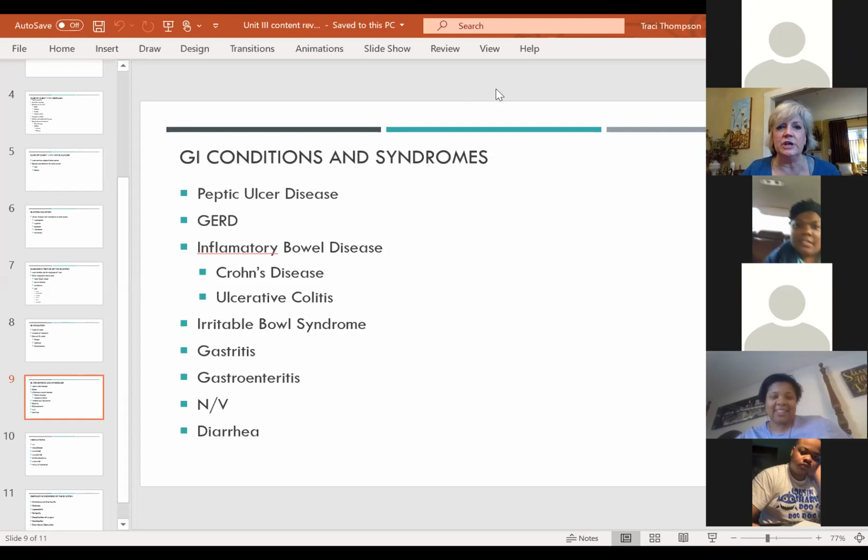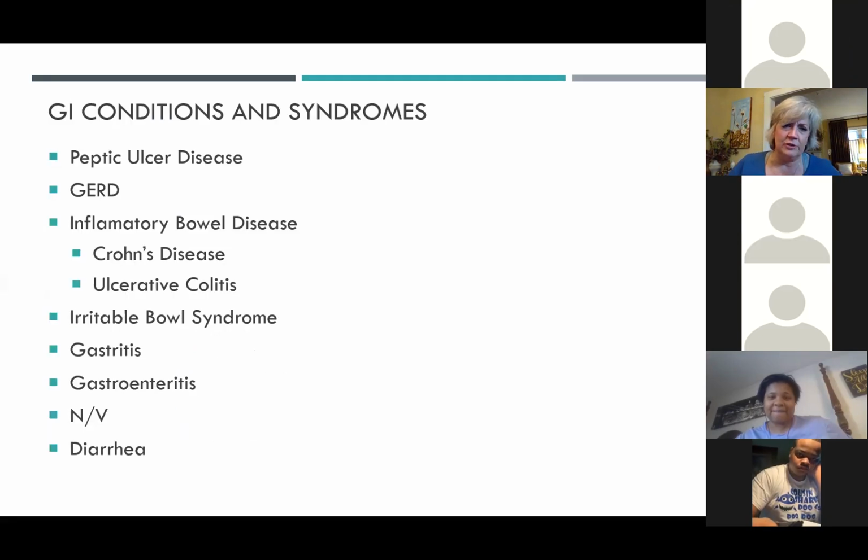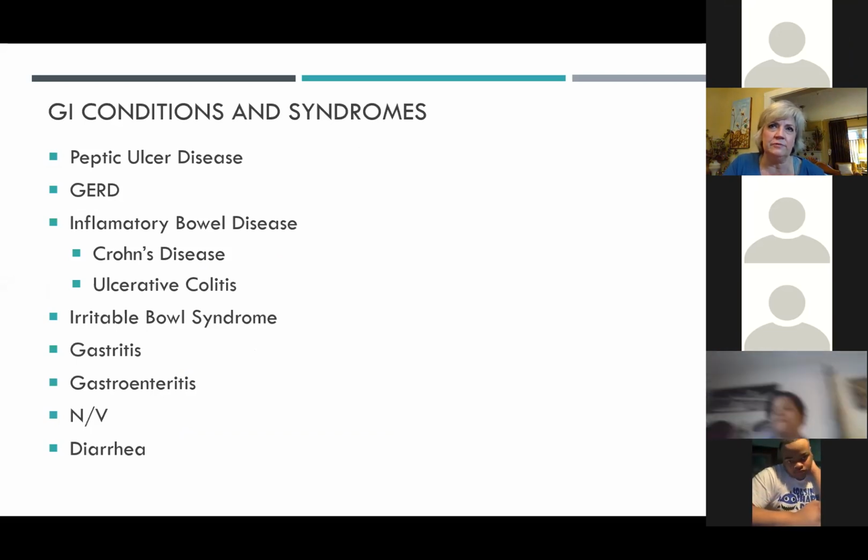Okay. All right. So GI conditions and syndromes. Peptic ulcer disease, that was the big one that we really talked about a lot. So we've got three different types of peptic ulcers.